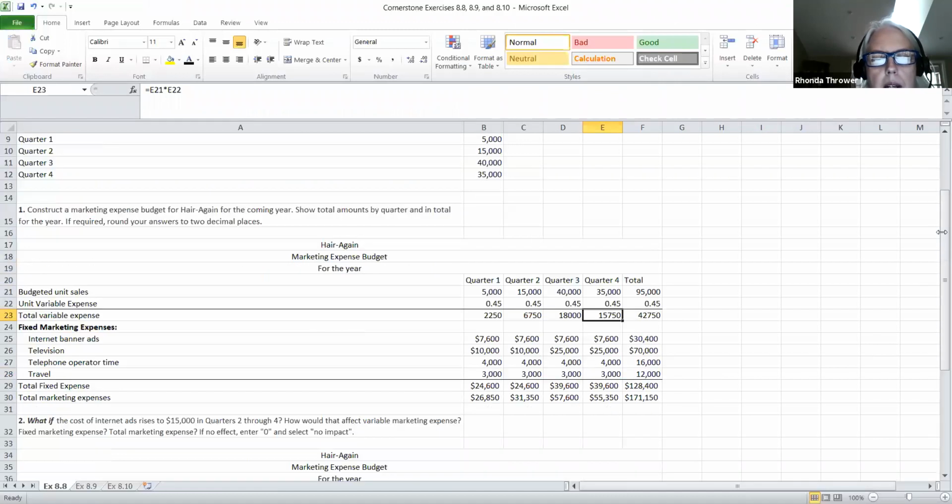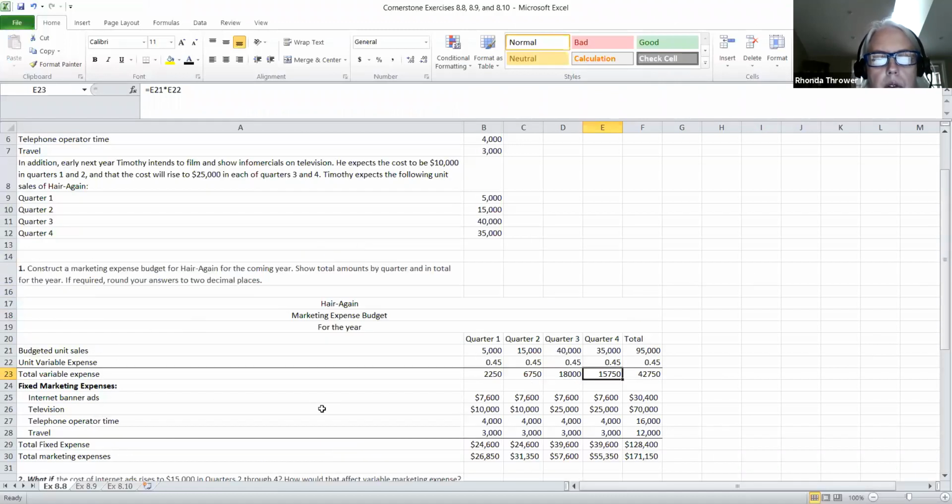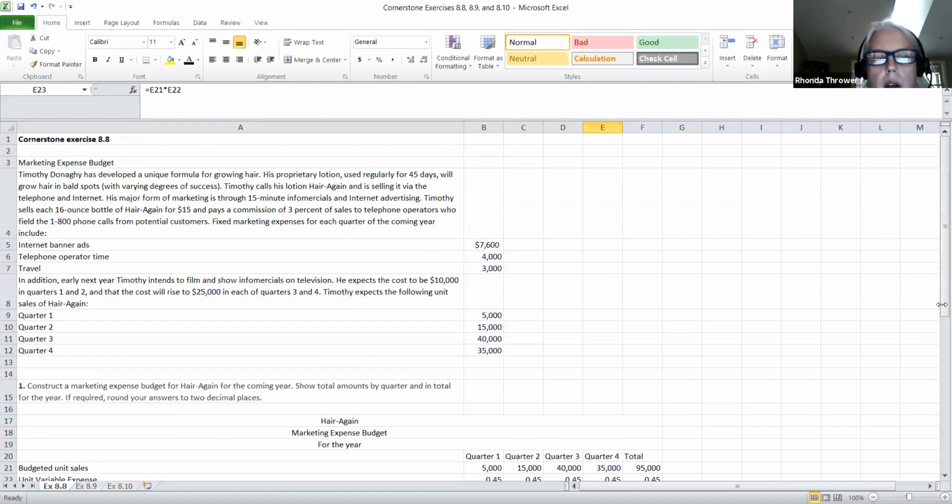And then what I did is I put down my fixed cost, and the fixed cost started out like this. And I know I've got mine in a little bit different order, and it doesn't matter which order they're in.